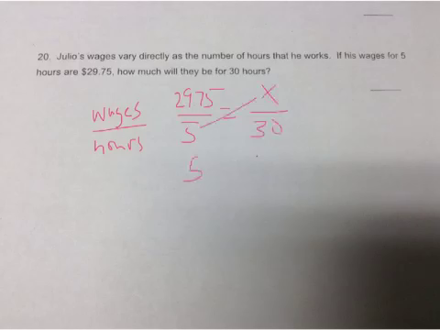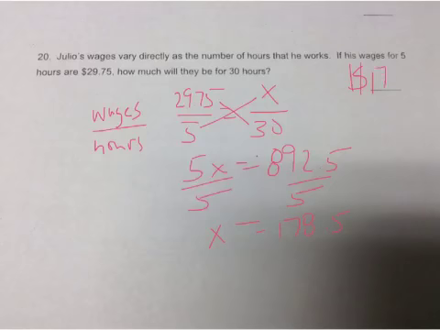So 5 times x is 5x. 30 times 29.75 is 892.5. When it's beside it, we divide it, so divide both sides by 5. And x is 178.5, so he will make $178.50 for working 30 hours.